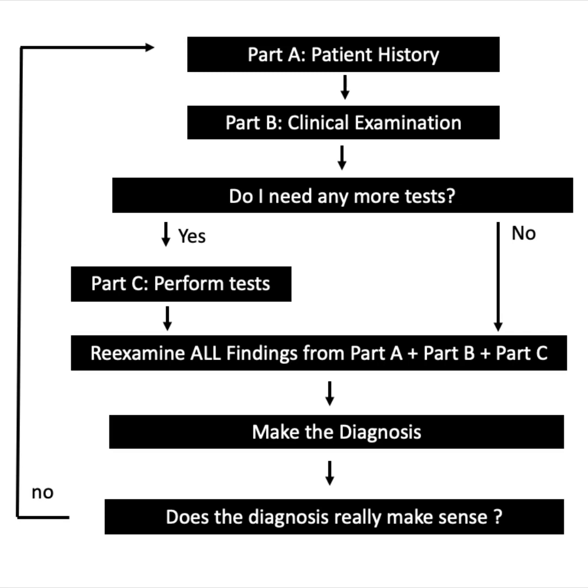We might order an autoimmune panel in this patient, including an ANA. A patient who has a chronic history of bowel issues, frequent diarrhea, family history of bowel issues, we might consider ordering a zinc level, whereas in other patients, this test probably wouldn't be of much use. And so the blood test that we order really comes down to the information that we obtain in Part A and Part B.